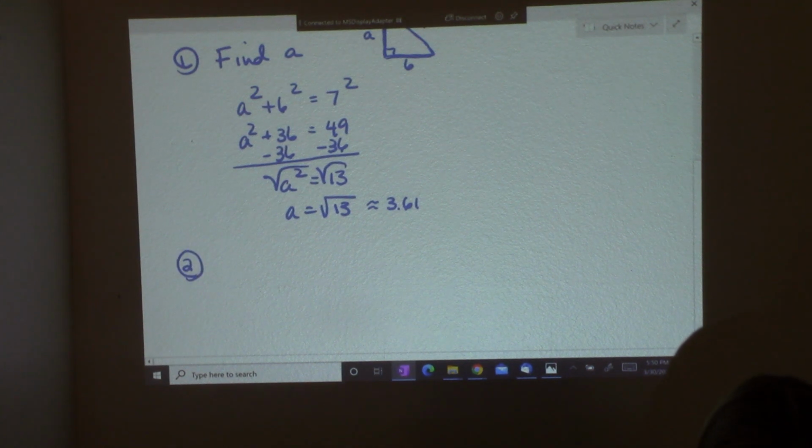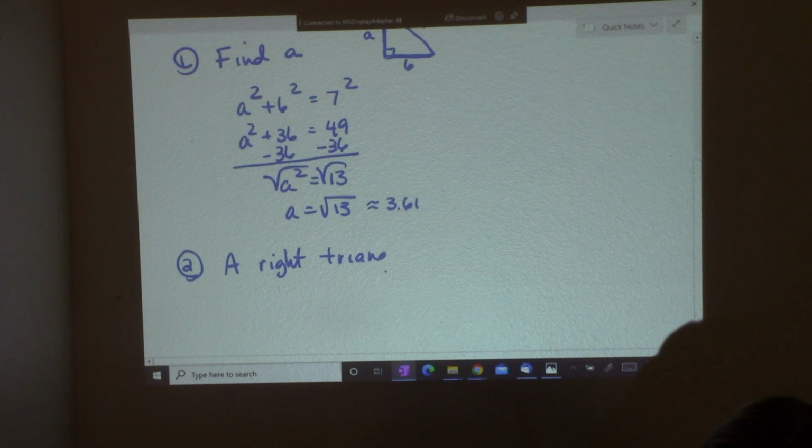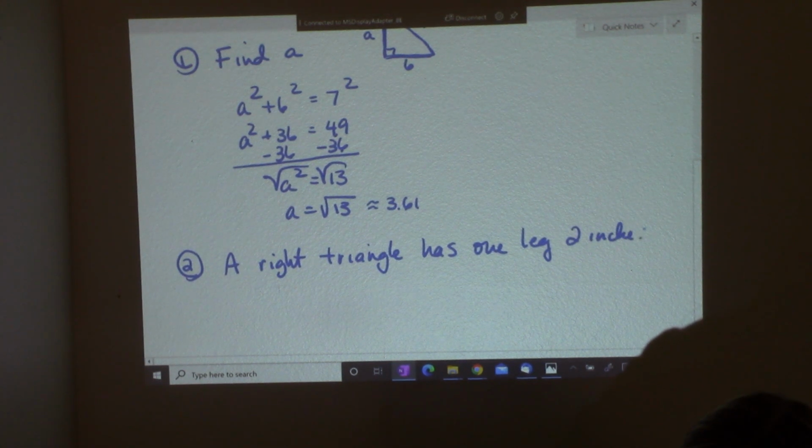Now we're going to take it up a notch, and we're going to apply algebra to it. So we're going to write this down: a right triangle has one leg 2 inches longer than the other leg.